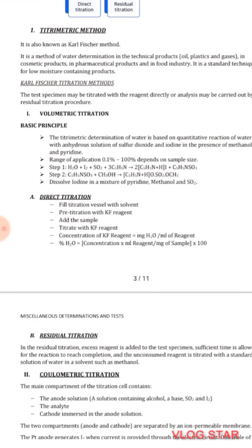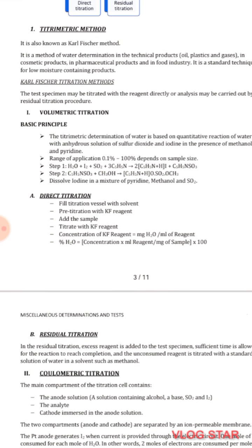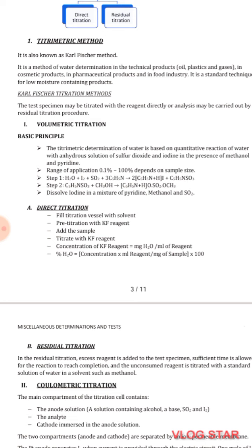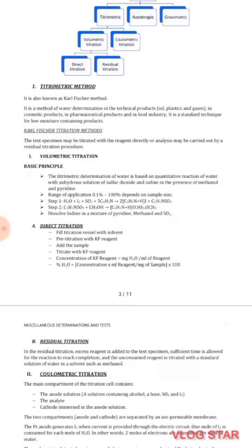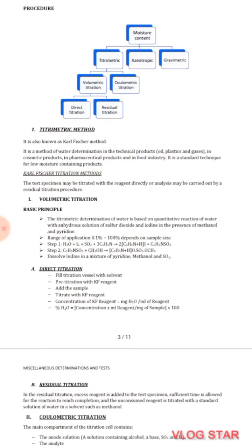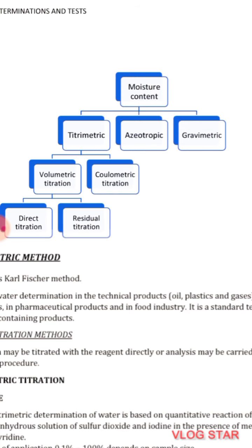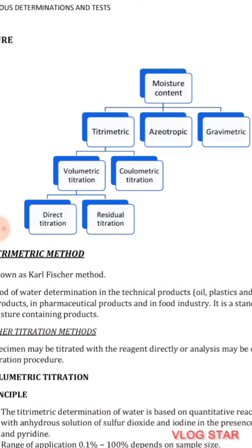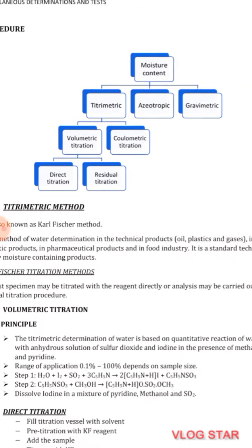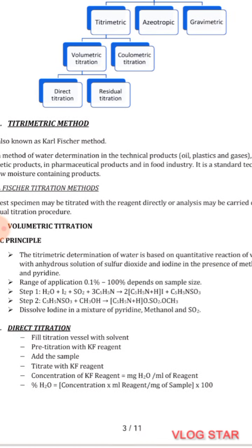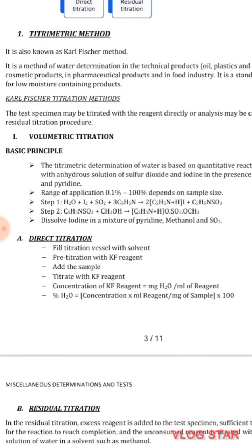The rest you can study by yourself by stopping the video. There are different types of titration. Most of the time we use the Karl Fischer titration method. There are subtypes of titration, like volumetric and colorimetric. Then volumetric has two types of processes: direct titration and residual titration.